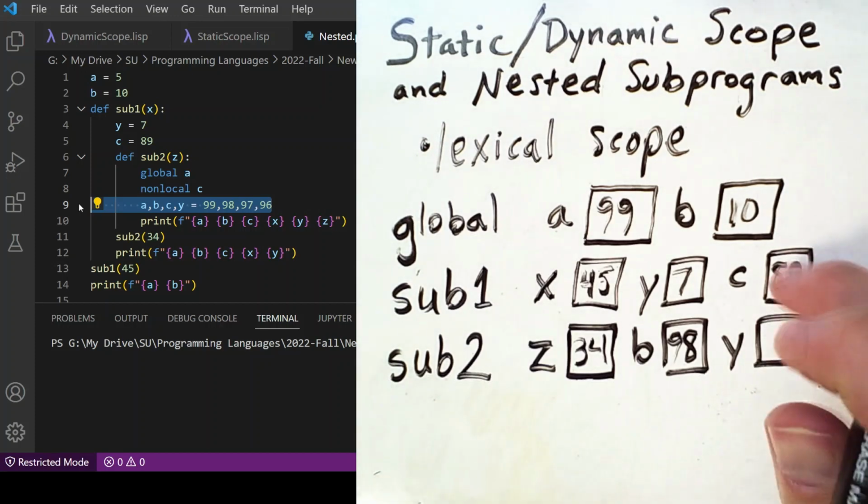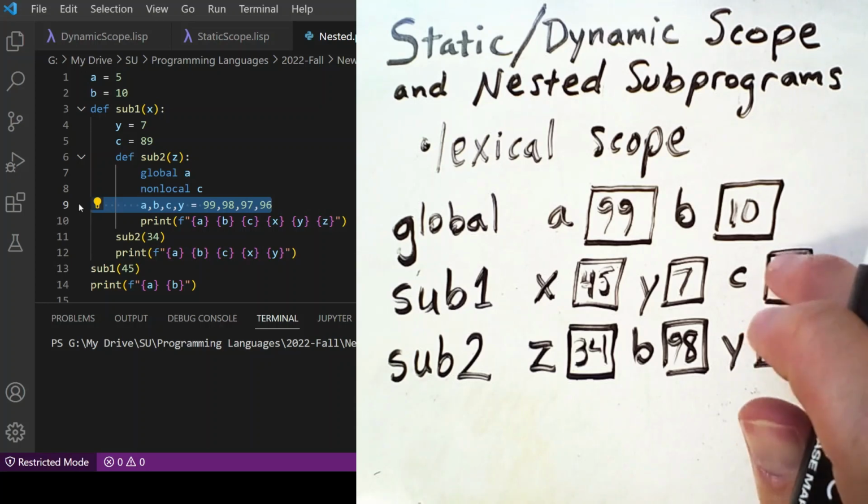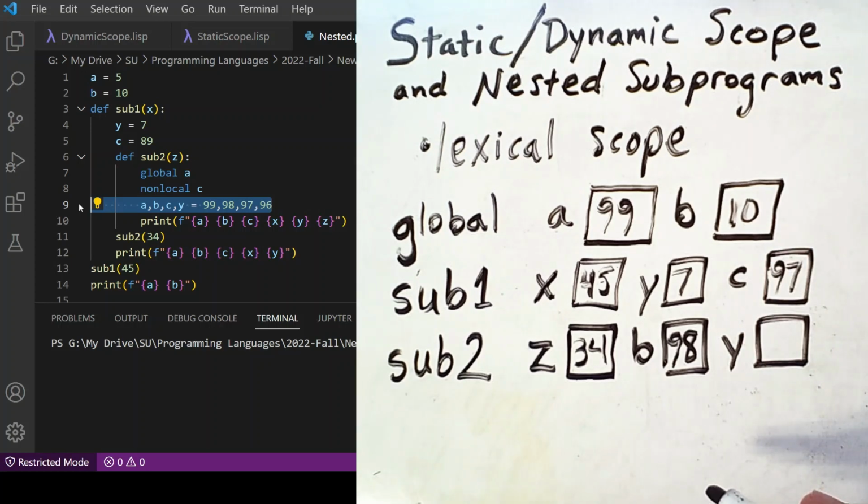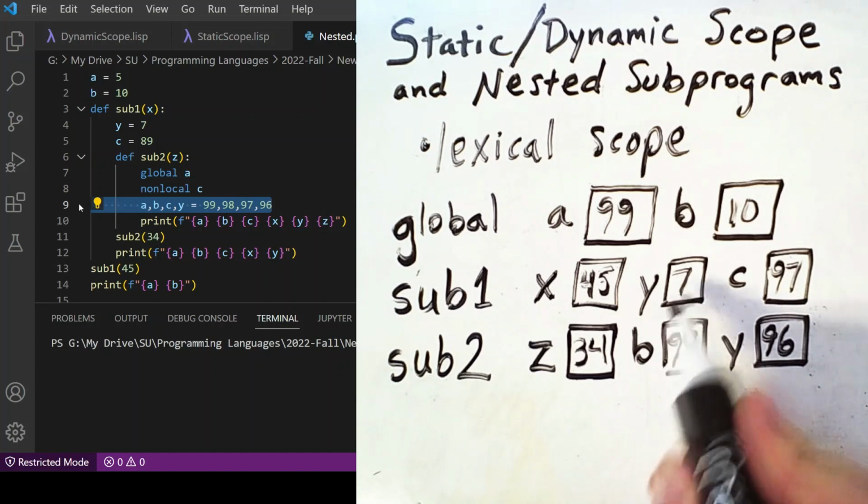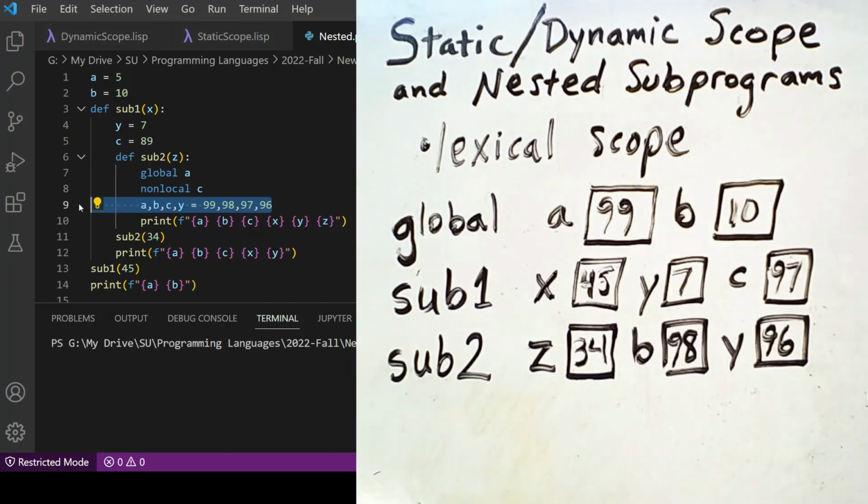C is non-local, so the assignment changes this value here. And then finally, Y goes into the local variable Y and not the version in sub1. At this point, all values have been assigned and we have several print statements.